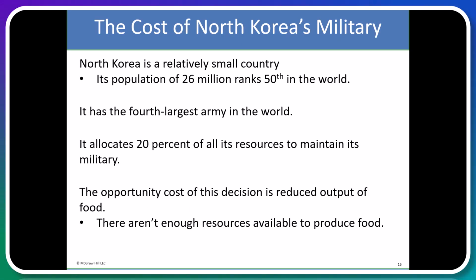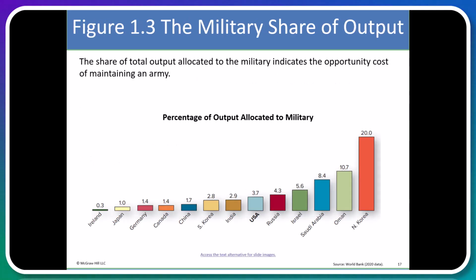The textbook decides to use as an example North Korea, not the biggest country in the world. Population ranks 50th. There are roughly about 175 countries, somewhere in that ballpark. So 50, okay, you're in the top third, but you have the 4th largest military because they spend an enormous amount of their natural resources on the military. If you look and map that out against other countries, they spend a huge amount of the available resources towards military production.